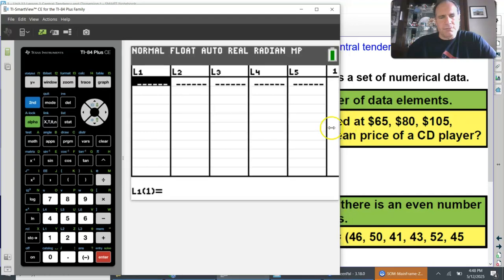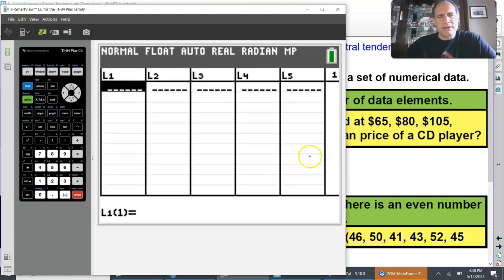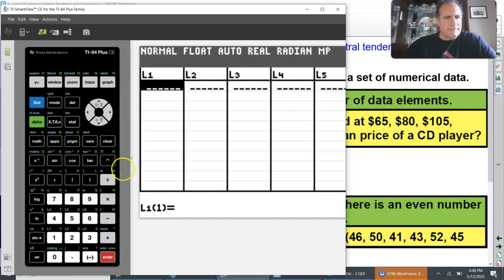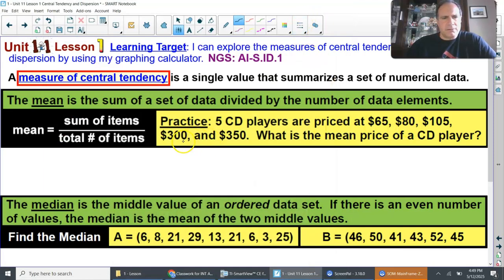I am going to move this over just a little bit. 5 CD players are priced at $65, so I'm going to put 65 in first. Enter. 80, 105, and 300 and 350.